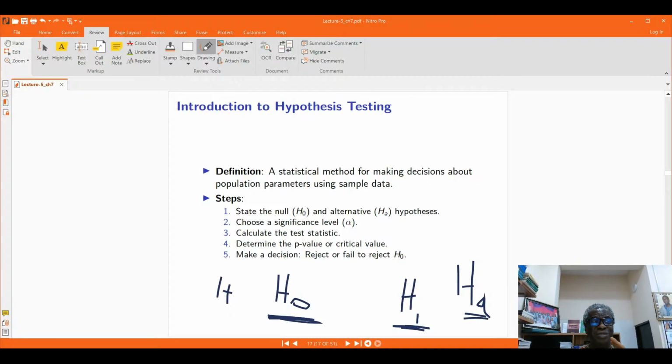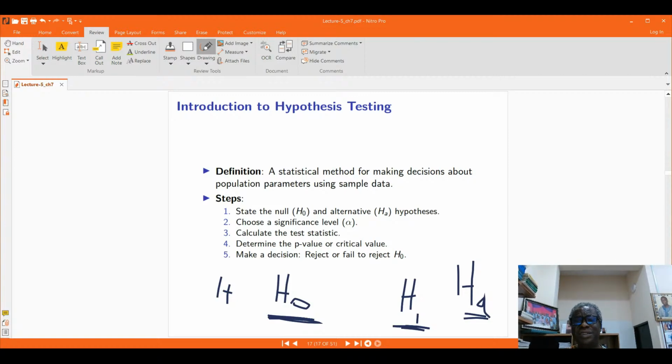There are only 2 hypotheses, the null and the alternative. That's the starting point. You have to specify what is your null and what is your alternative.